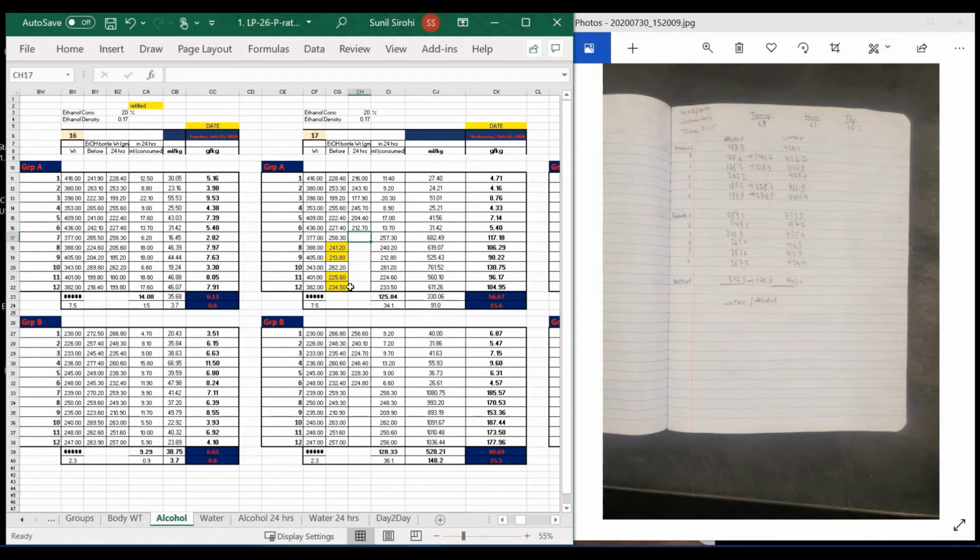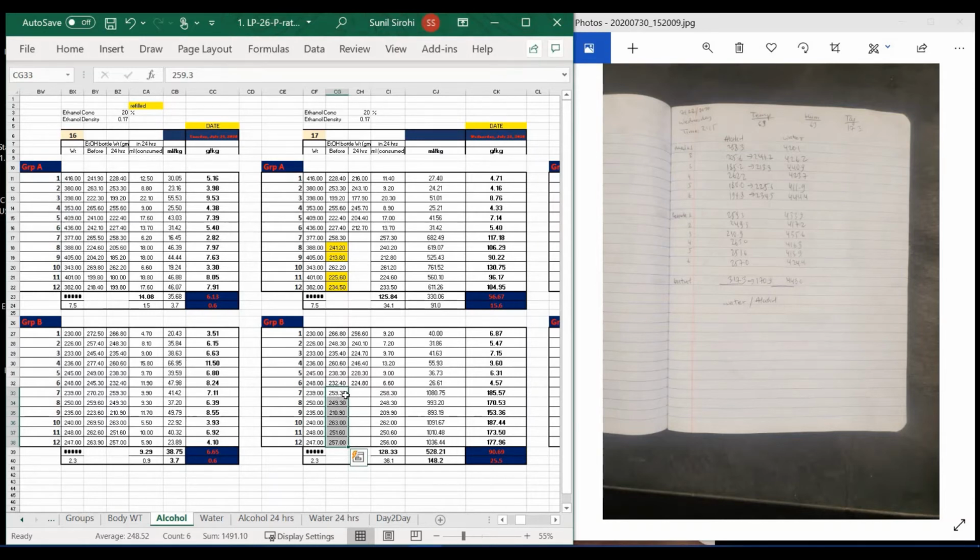So for this one, what you're going to enter here is 258, 241, 213, 262, 225, 234, 235. In this case, we didn't refill anything, so technically these are exactly the same numbers as the previous days: 249, 210, 263, 251, 257.